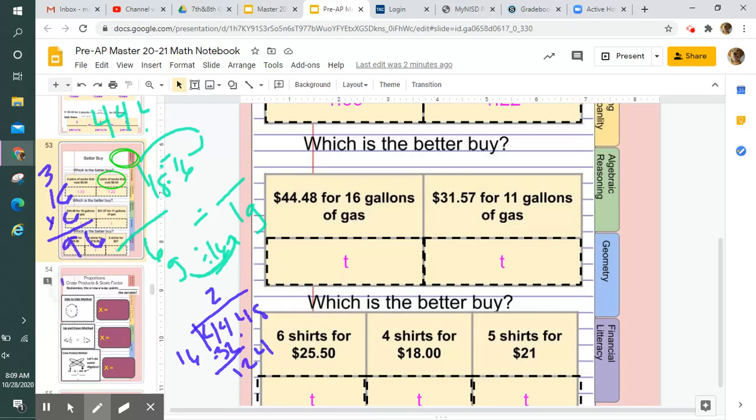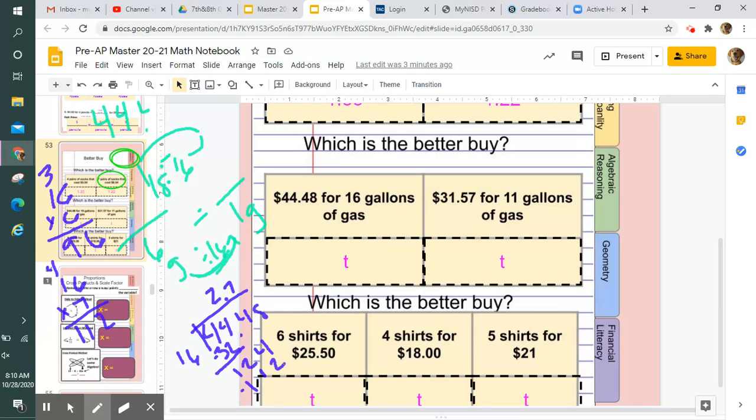So we're going to try 7. 16 times 7. 7 times 6 is 42. 7 times 1 is 7, plus 4 is 11. So 112. And I think that one's it. So we're going to say that it goes in 7 times, and it's 112.